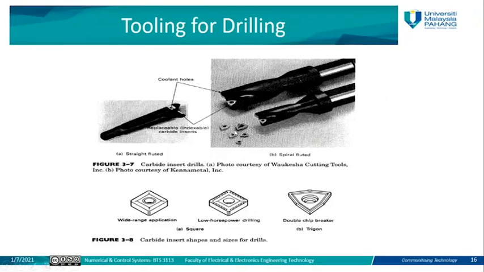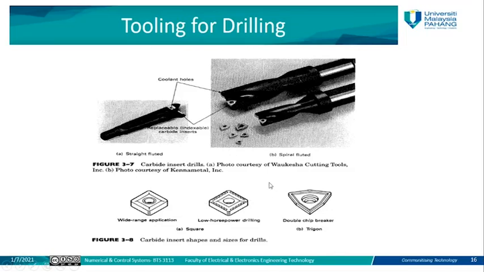As you can see here, compared with the spade drill, the blades are very small parts which are fixed at the end of the holder, and this is the part that will be changed. As you can see here, wide range, low horsepower, double chip breaker, depending on the materials.